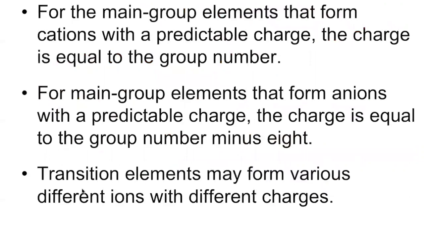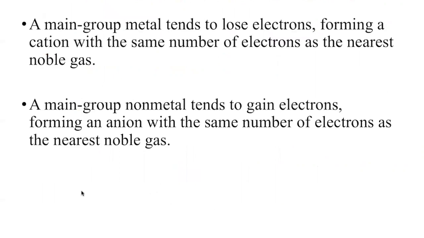So ions are going to have a charge overall. They're either going to become cations or anions. In the main group, we can predict that. In the transition metals, we are not able to predict that. They are going to have various charges. So the main group metals tend to lose electrons, forming cations with the same number of electrons as the nearest noble gas.